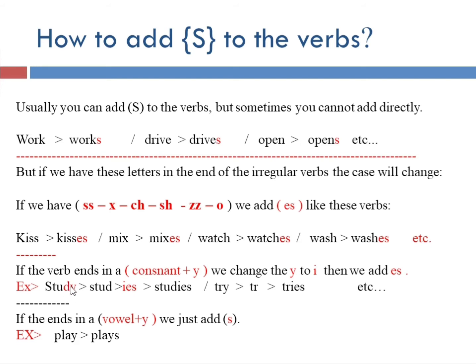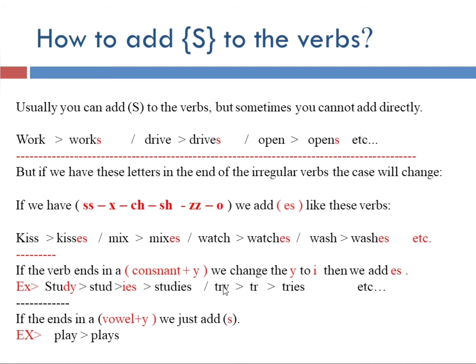D is a consonant, then we have y. So by the rule, if we have consonant plus y, we change the y to i. Then we add es. So the word would be studies. As you see, the y changed to ies.